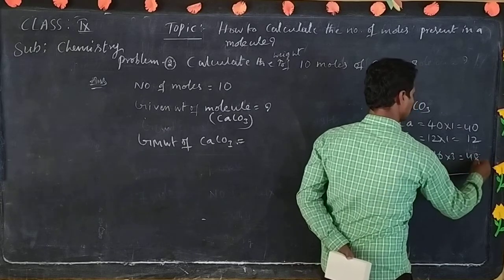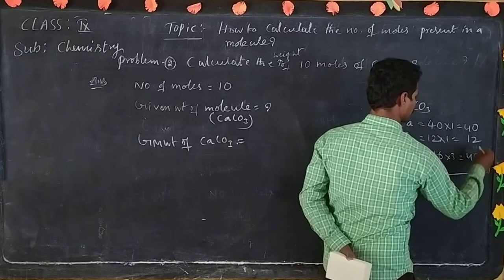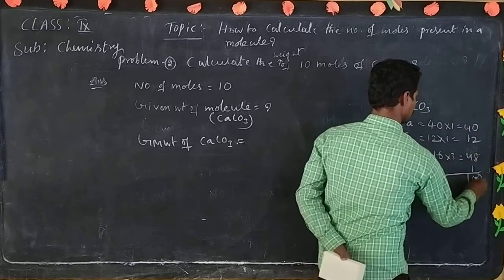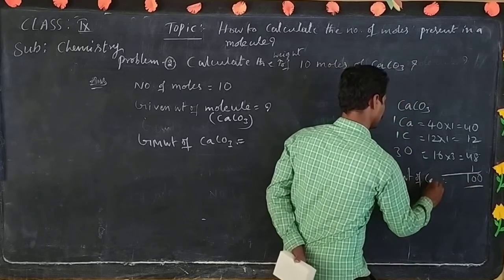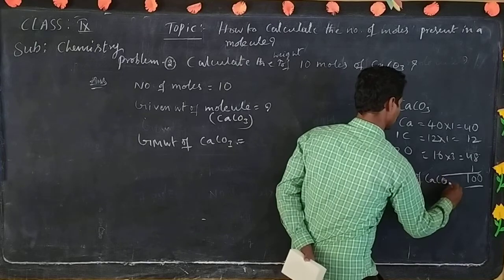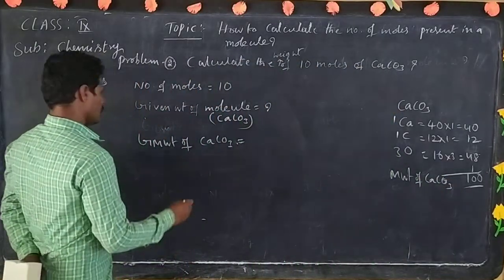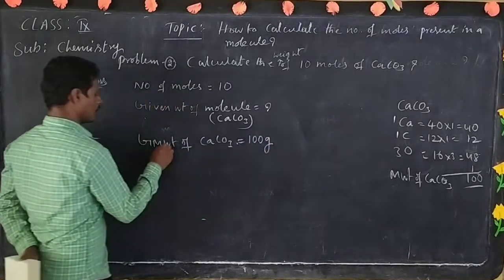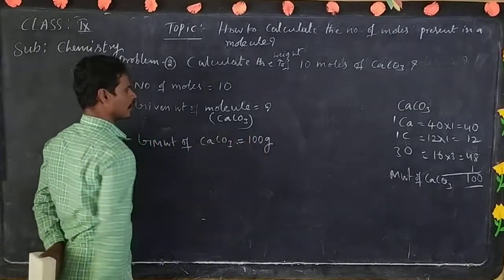What is the value? 40 plus 12 plus 48, 100. So this is the molecular weight of calcium carbonate. Molecular weight expressed as grams is called gram molecular weight. That's why it is 100 grams.